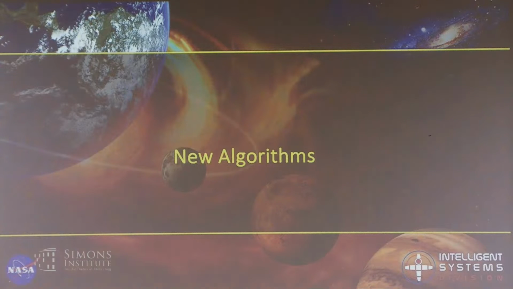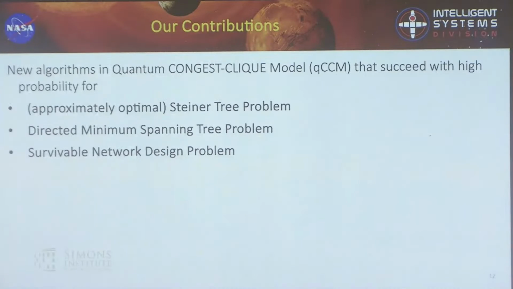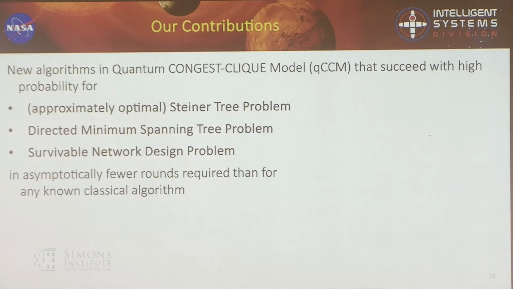So we have a bunch of new algorithms that build on the older ones, and in particular, the first paper had a new algorithm for approximately optimal Steiner tree problems and directed minimum spanning tree problems, and our more recent paper extends that to survivable network problems, and I'll define these problems in a moment. And these are in asymptotically fewer rounds than required for any known classical algorithm.